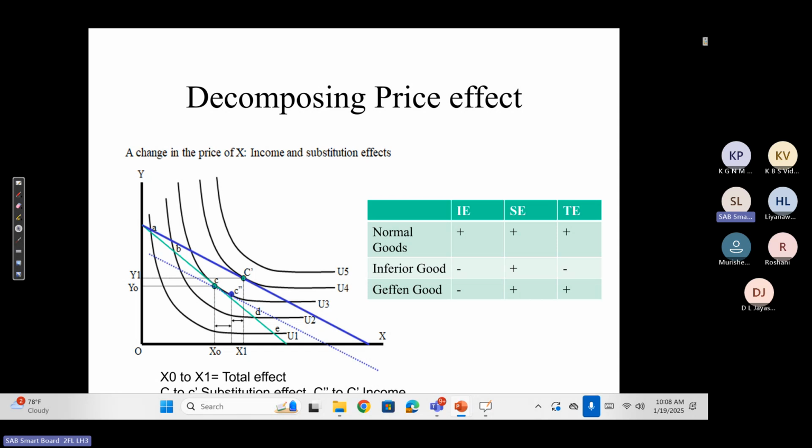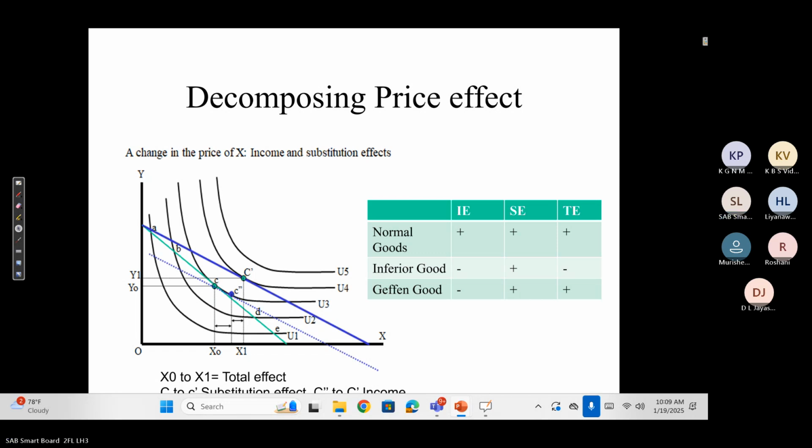The equilibrium point moves from C to C prime. Moving from C to C prime explains the total effect. Due to the total effect, we now demand more of X, that is X0 to X1.